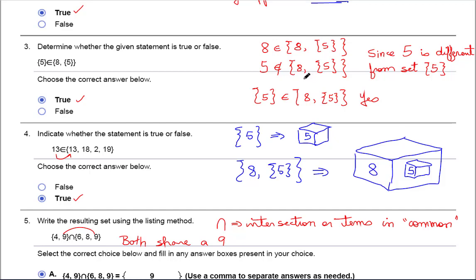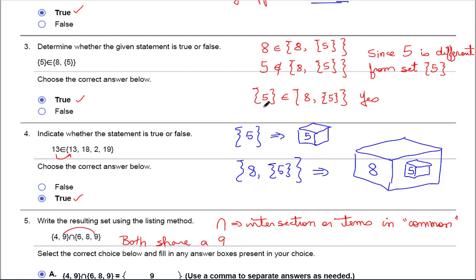There's only 2 things in the bigger box, 8 and a box containing 5. So 5 itself is not in the bigger box. It's only in the box inside the box.